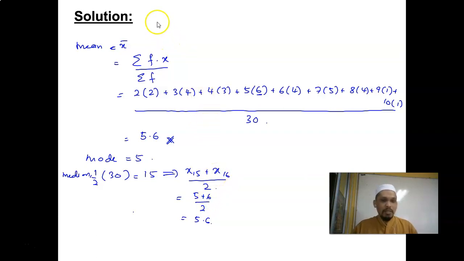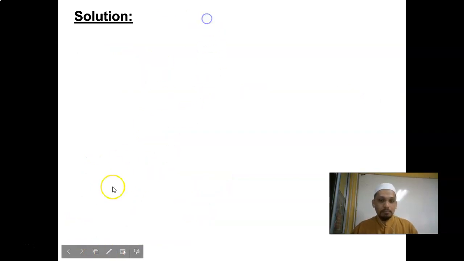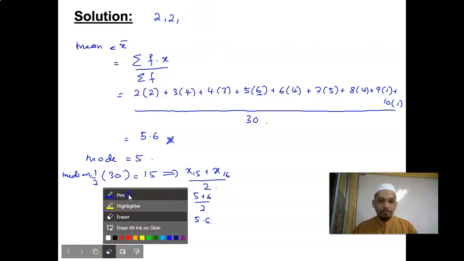So from the data again, if I rewrite all here, the number of students getting 2 marks, 2 of them, and then getting 3 marks, 4 of them.